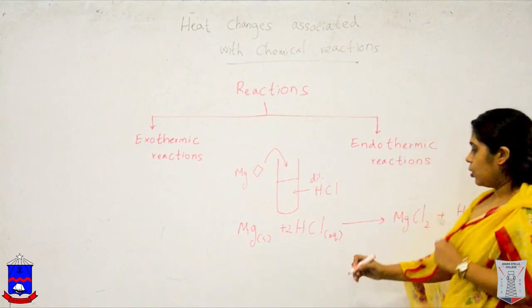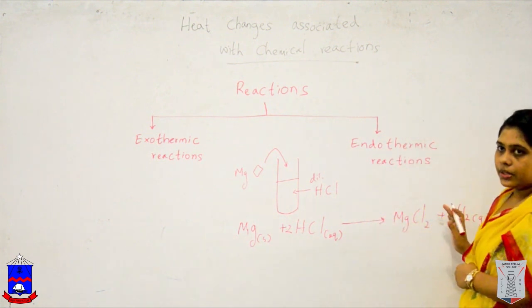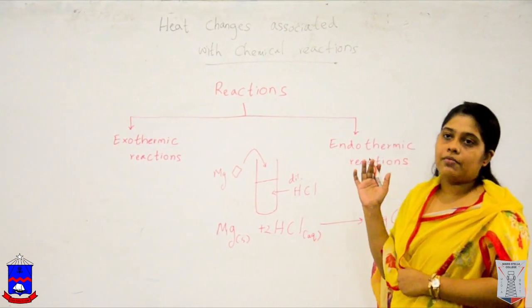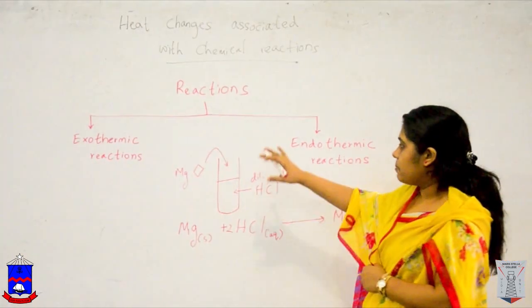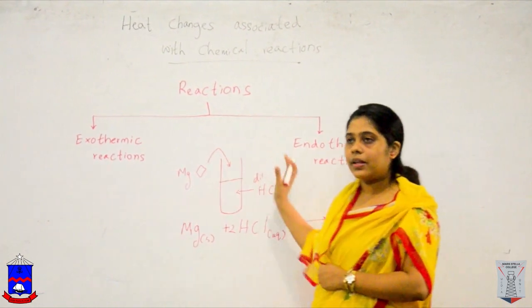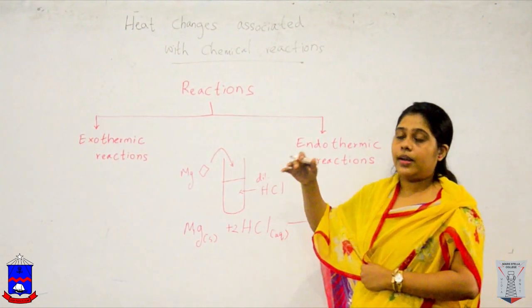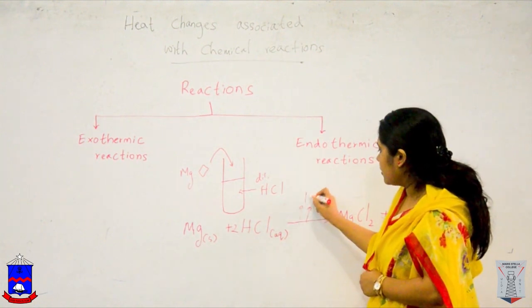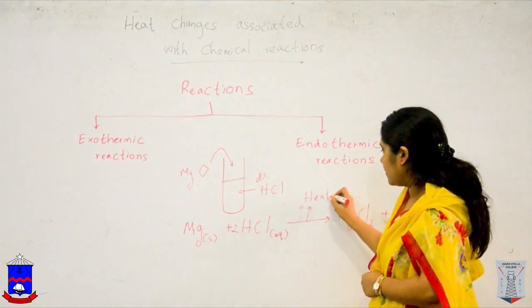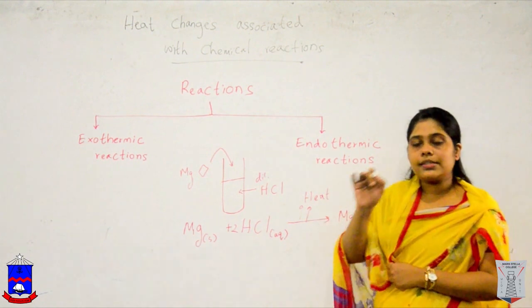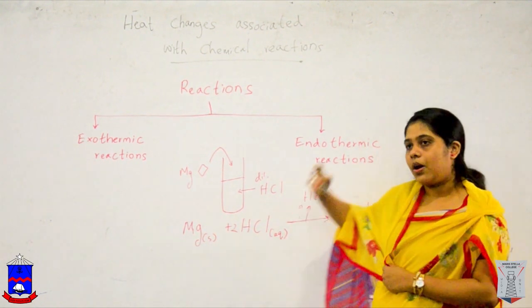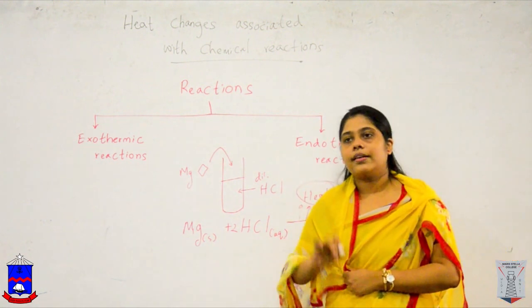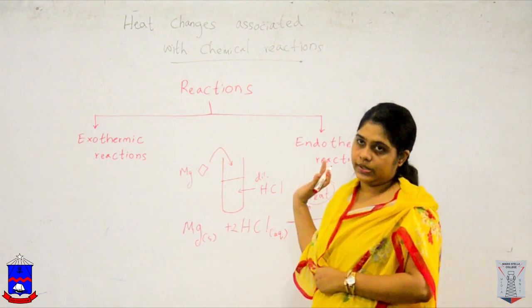During this reaction, heat is released to the environment. That is why the temperature of the medium, the test tube, increased. So heat is released. During this lesson, we are going to talk about the amount of heat which is released during these reactions.